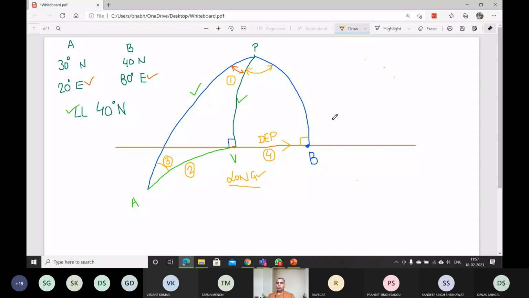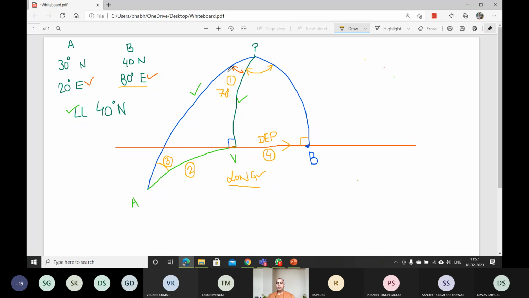Now, if the vertex goes outside the triangle, the longitude is such that you need to keep the vertex outside. Let us say in this question, longitude of B is 80 degrees east. Now, in this question, the angle P comes to be 70 degrees.